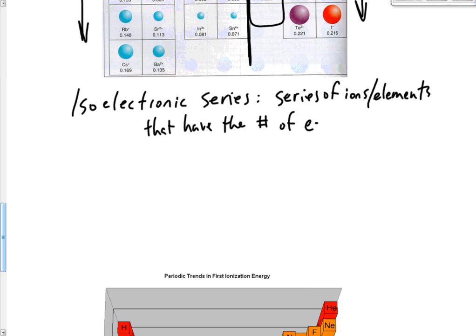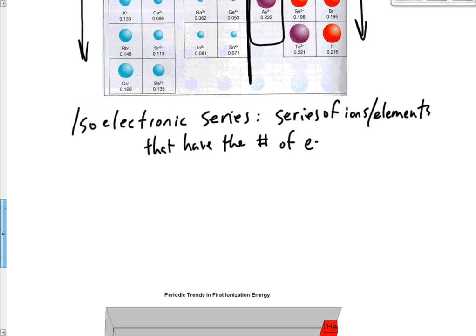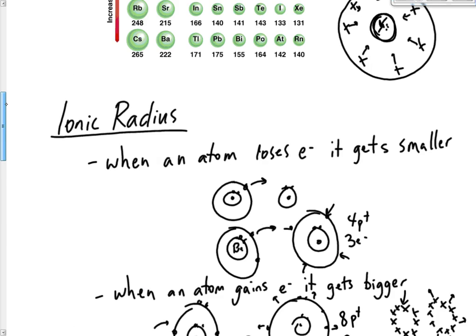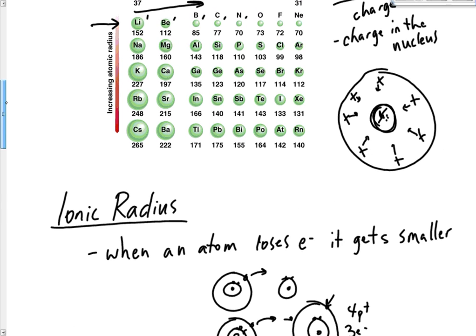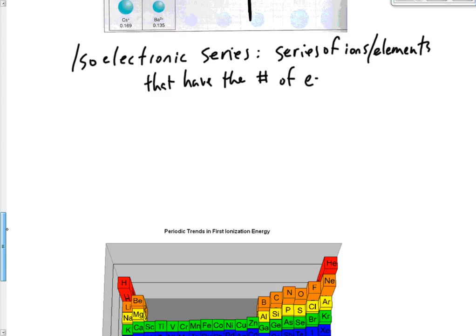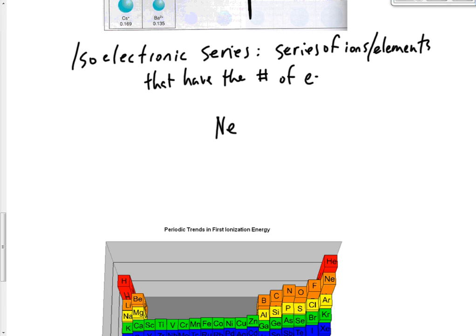So if you were to look at a periodic table and you picked out neon, it has 10 electrons. So you need to find a couple more things that have 10 electrons. Well, fluorine has 9 when it's neutral, but when it has a charge, it has 10 electrons. F minus has 10 electrons.